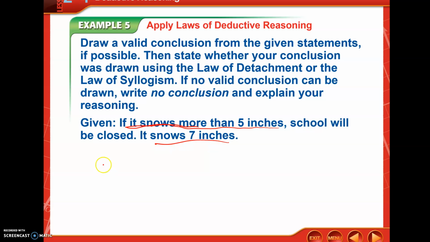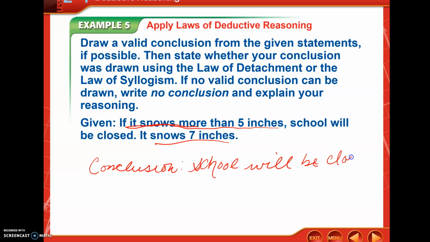So I can make the valid conclusion that school will be closed. The reason I can make that was because the if came true. So this is law of detachment.